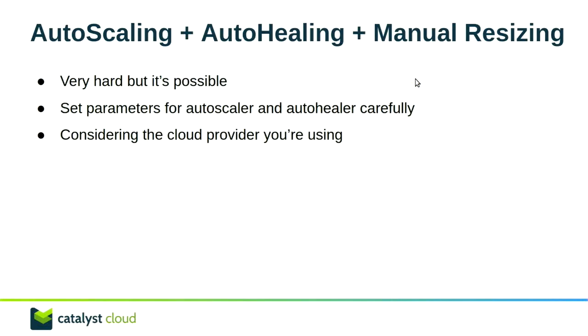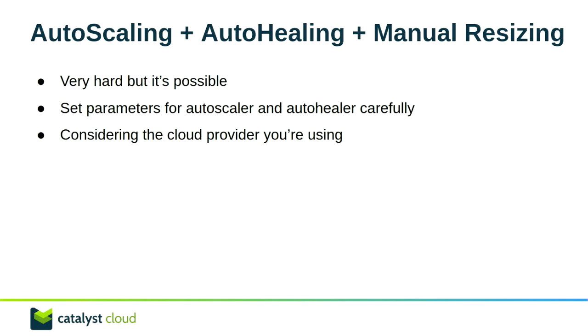So I will explain why the auto-scaling plus auto-healing and probably plus manual resizing is quite complicated, because autoscaler can run anytime to shrink, to add or remove nodes from your cluster. And auto-healing can also remove and add a new node in your cluster.